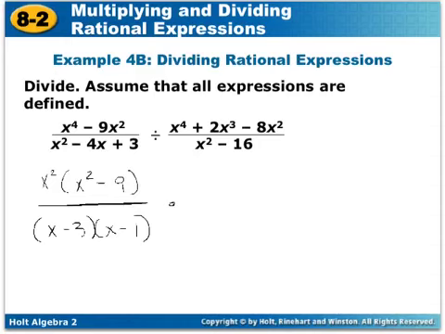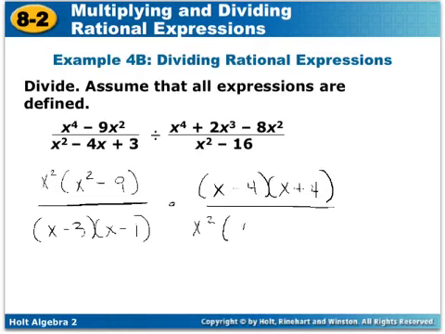The top I can factor 2, x minus 4, x plus 4, it's the difference of squares, over, I can take out an x squared, and I'm left with x squared plus 2x minus 8.